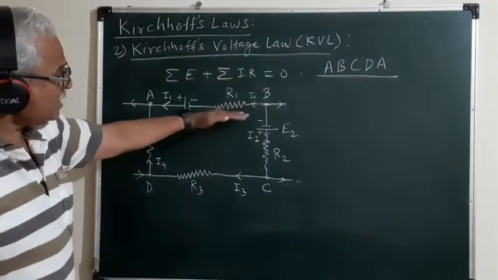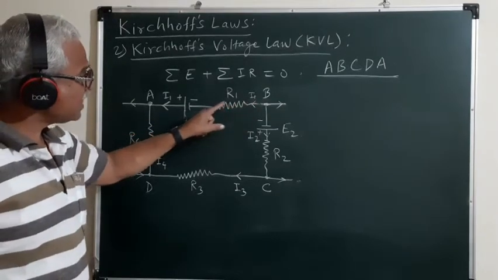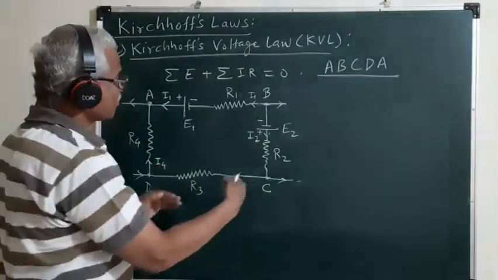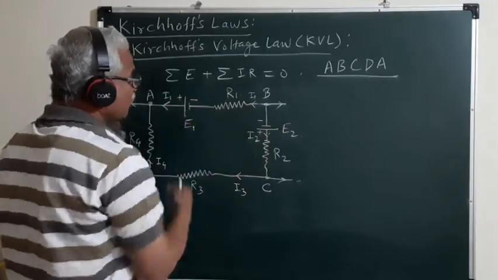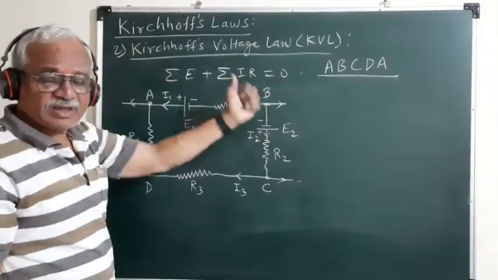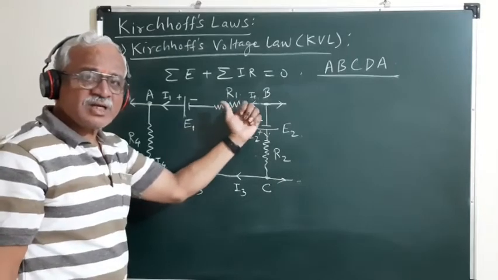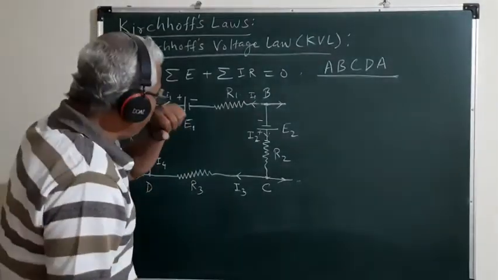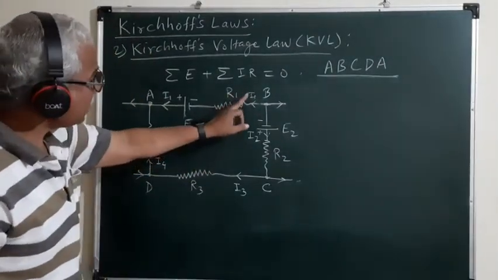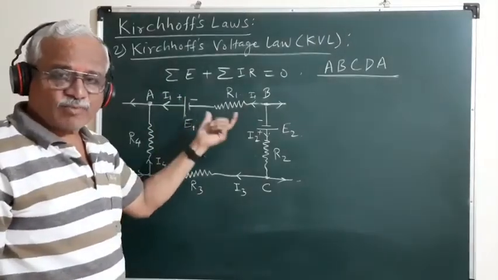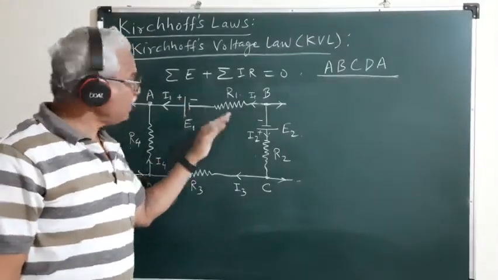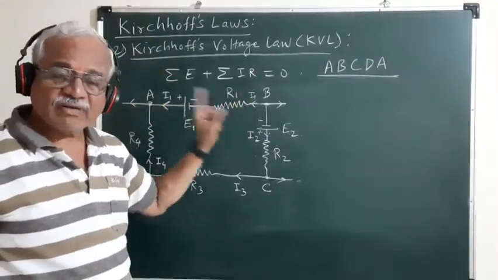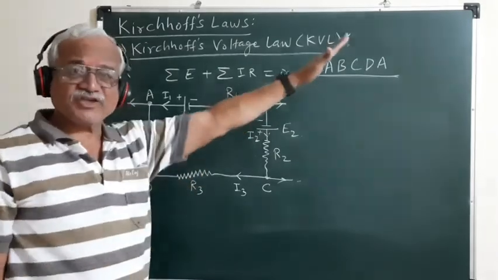Then the current I1 is flowing through this resistance R1 from B towards A, that is in the direction opposite to that of the traverse of the loop. So the product I1R1, when we are traversing this loop from A to B, is in the increasing direction of potential.